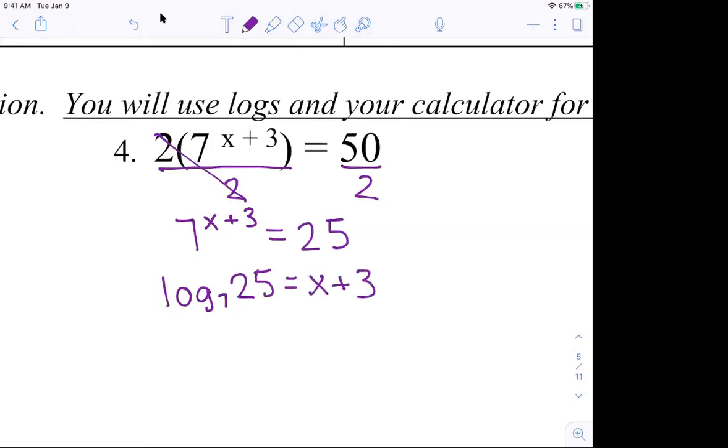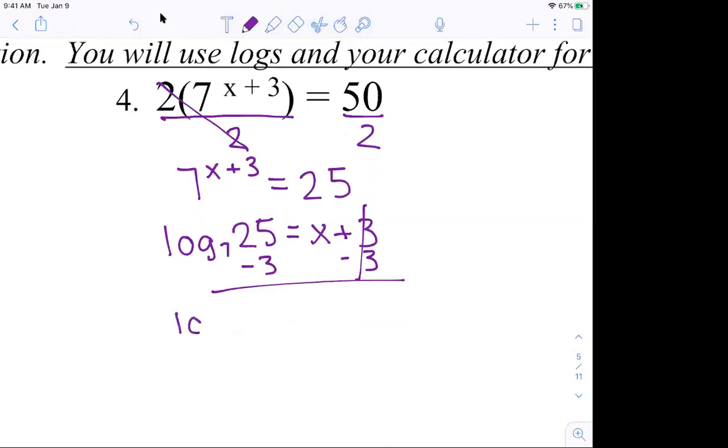And then you're going to subtract 3 from both sides. Again, you cannot actually subtract 3 from 25 because those are not like terms. The log base 7 of 25 is all connected together. You cannot unconnect those. They are stuck together, so you cannot subtract 3. And that equals x.